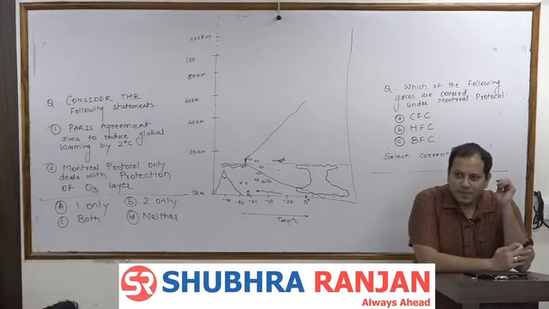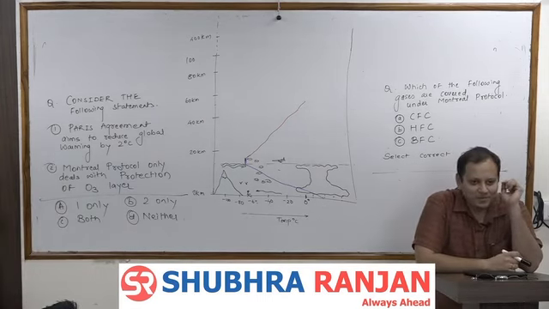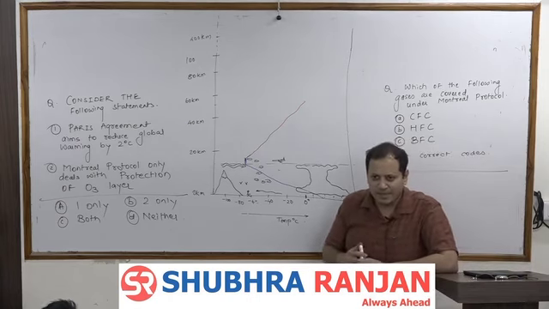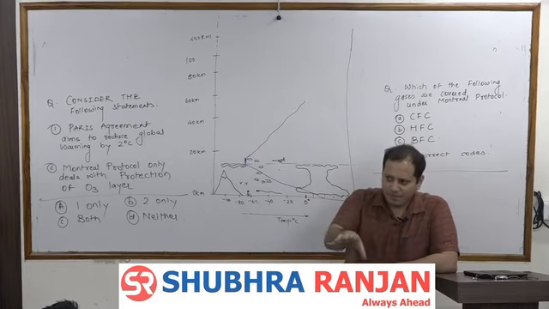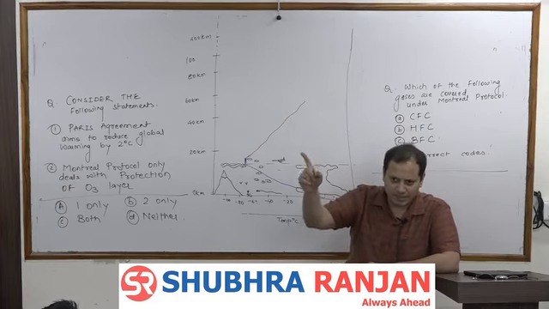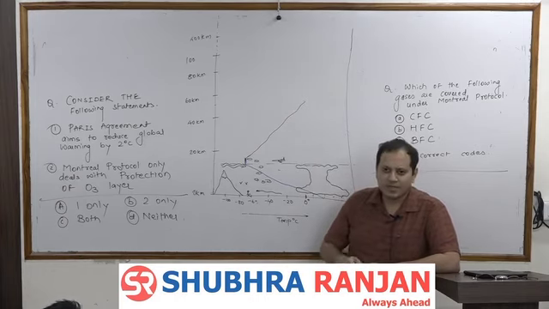Which are correct? Answer 1 is correct. The Paris Agreement tries to reduce global warming by 2 degrees Celsius and it will try to limit that to 1.5. But what is the first target? 2 degrees Celsius. Now read the second statement.